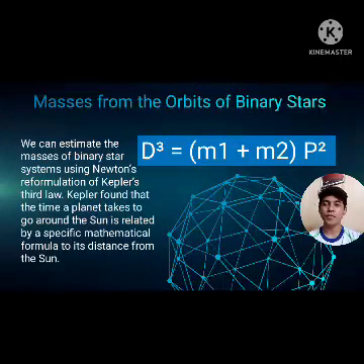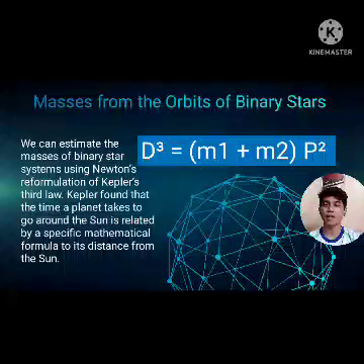This is a highly important formula for astronomers. It states that we may determine the total mass of two stars in a binary system if we know the radius of their orbits and the period of mutual revolution.